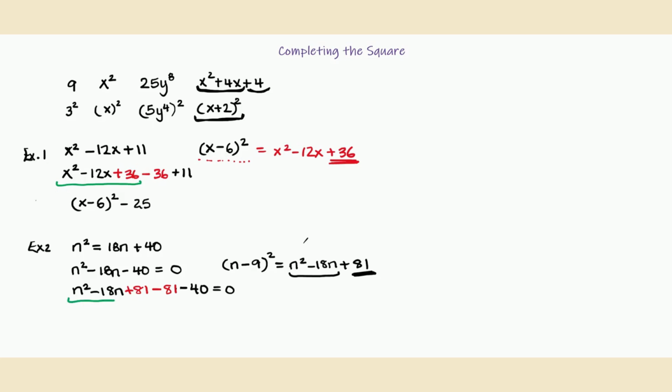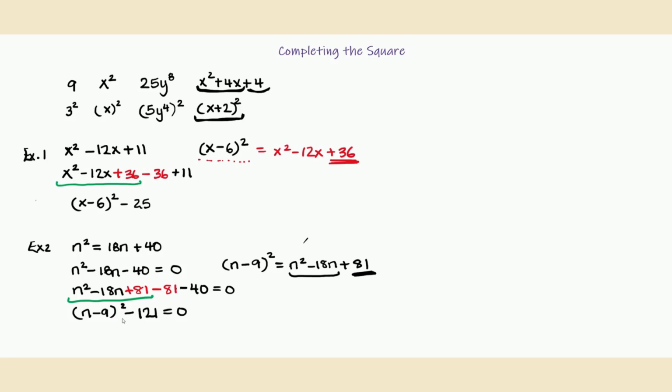So we'll take this part and write it as a perfect square, which is n minus 9 all squared, and then we'll simplify negative 81 minus 40, which is negative 121. And this is equal to 0.